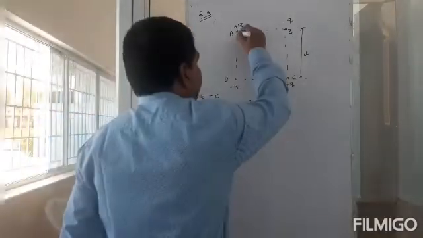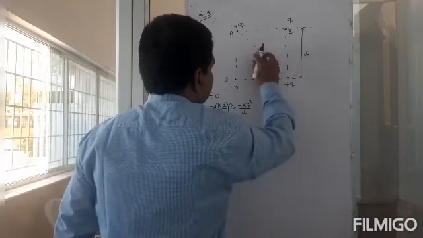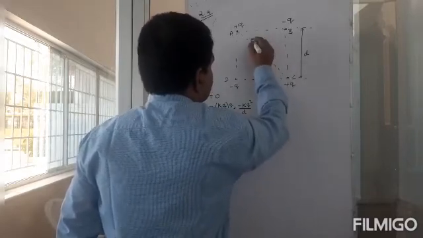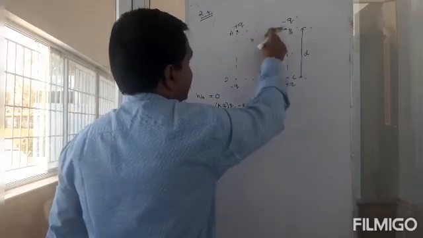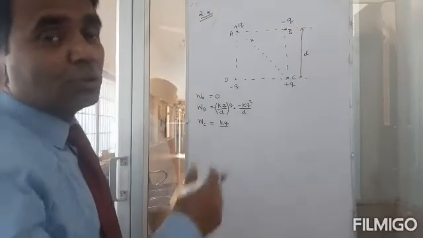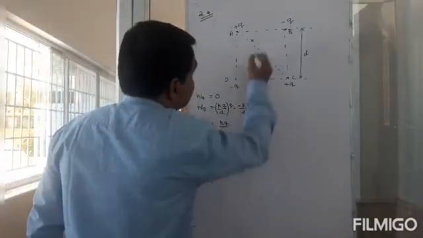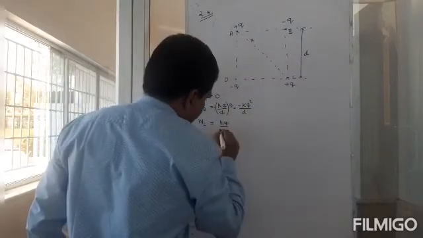Let's say this distance is X. So X squared is equal to D squared plus D squared, 2D squared. So X will be equal to root 2 into D.